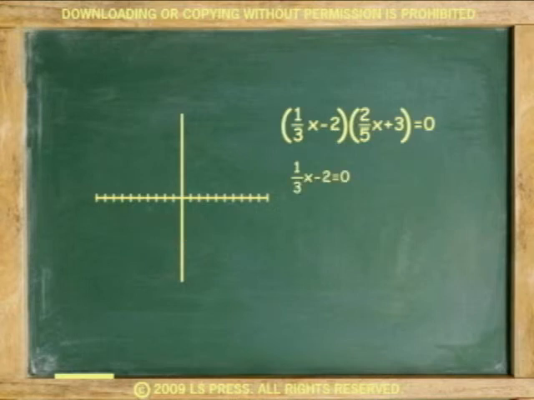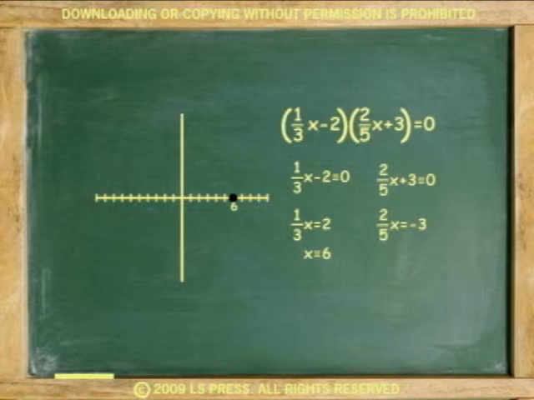Solve 1/3 x minus 2 equals 0. 1/3 x equals 2. X equals 6. Or 2/5 x plus 3 equals 0. 2/5 x equals -3. X equals -7.5.